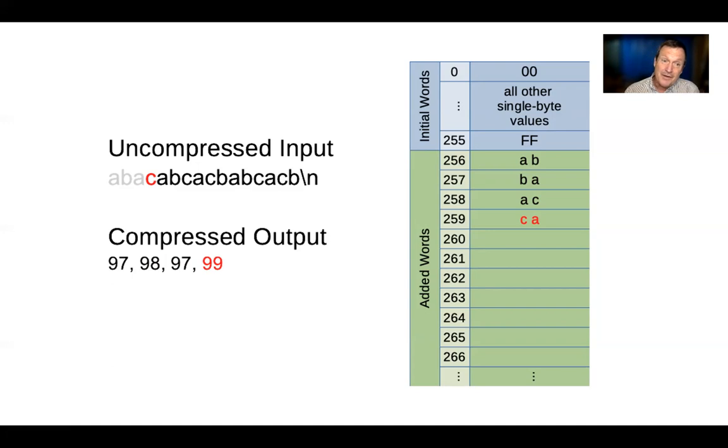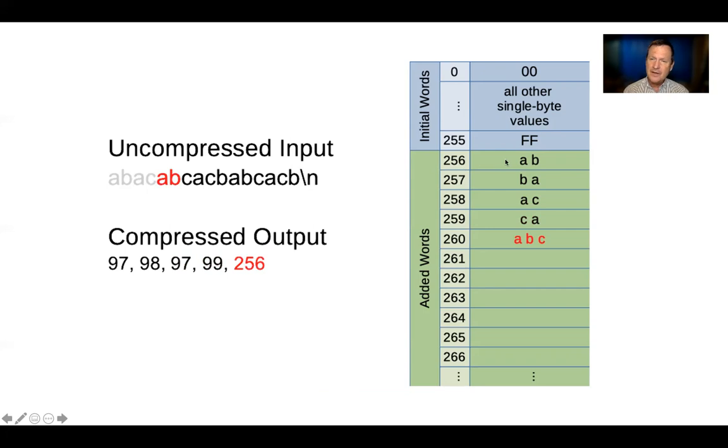Next, we have to deal with input starting at A, but AB is already in the dictionary. We added that a little while ago, but ABC is not. So we can write out a code for AB, and this is where we start getting some benefit from compression, because now we can write out just one code.